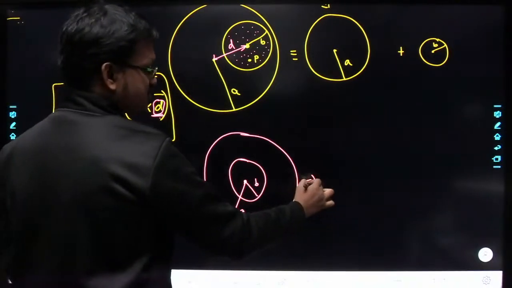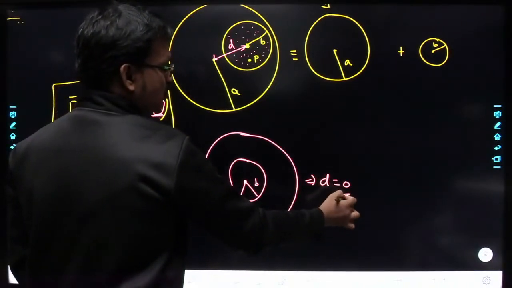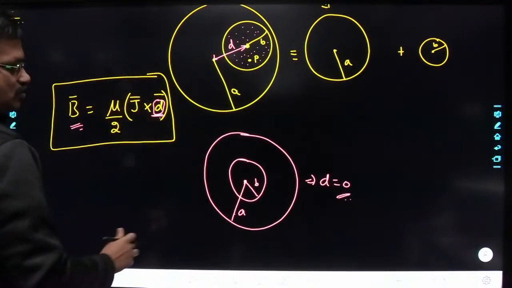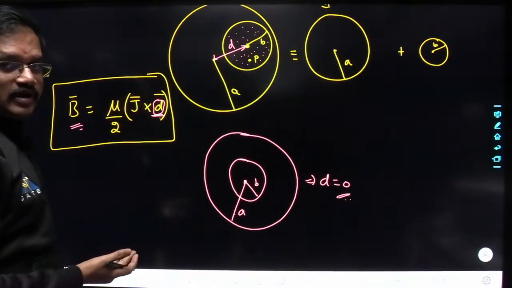Why? The center of the bigger cylindrical wire and the center of the cavity are both coinciding. So D is equal to 0. If D is equal to 0, then the B field will become equal to 0.